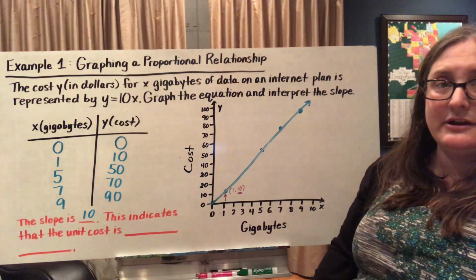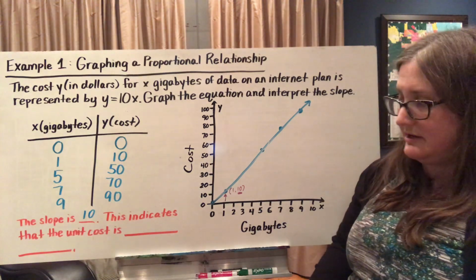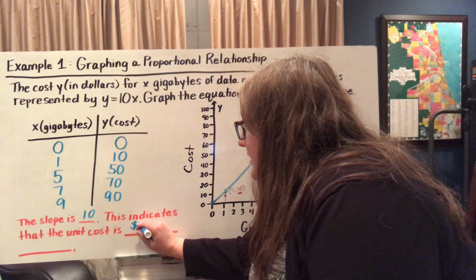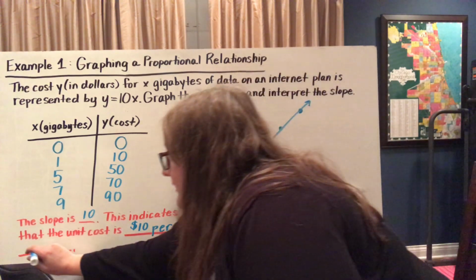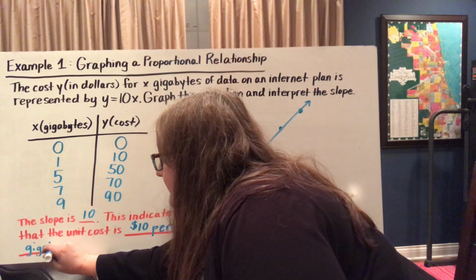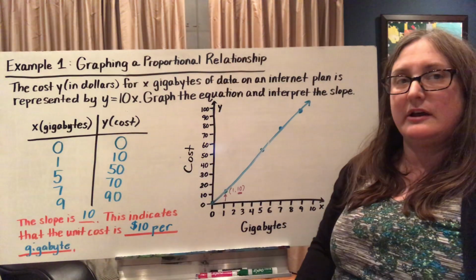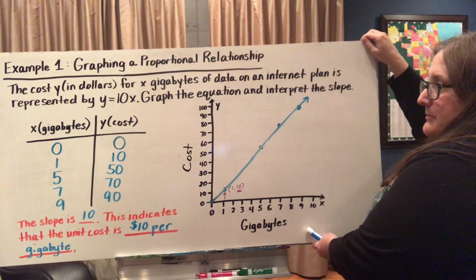And that 10 slope indicates that the unit cost here is $10 per gigabyte. So for each gigabyte that I want, I'm going to pay an extra $10. So that's my proportional relationship.